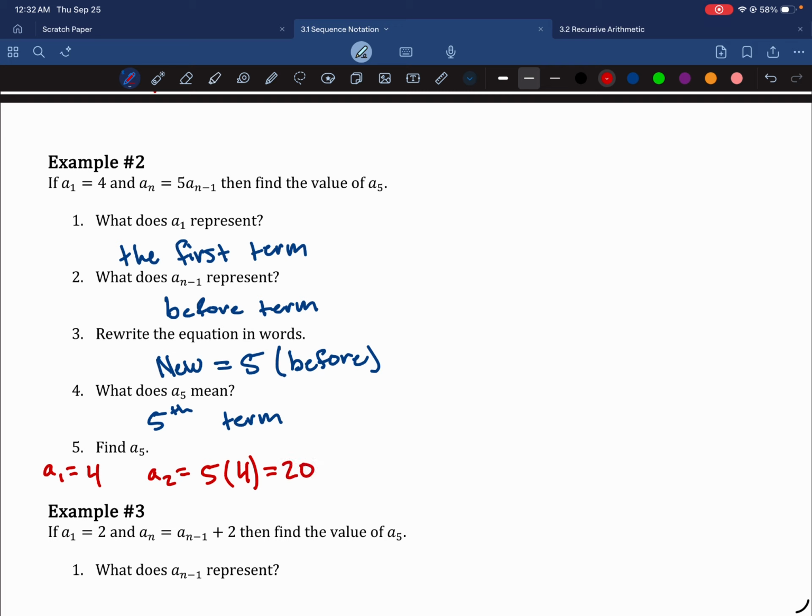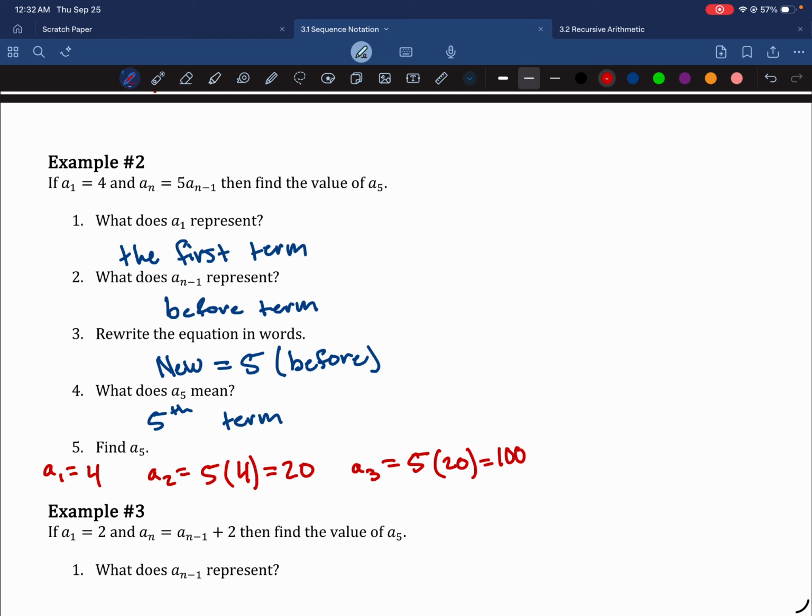So a sub 2 is 20. Now let's find a sub 3. A sub 3 equals 5 times the before term, which was 20. 5 times 20, which is 100. So 100 is a sub 3.